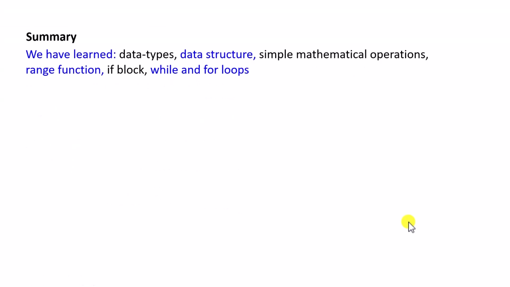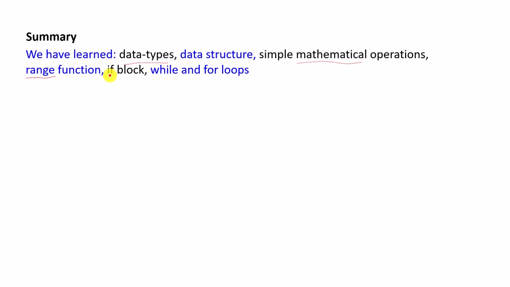So now to summarize, in this lecture, we have learned a few data types. One data structure we really talked about, that is the list data structure. Some simple mathematical operations. An important function, the range function, we have seen.